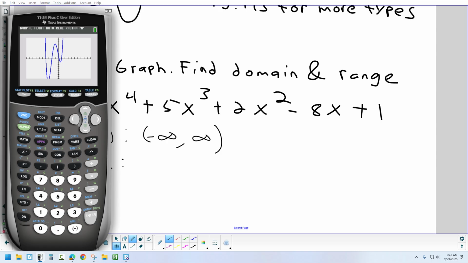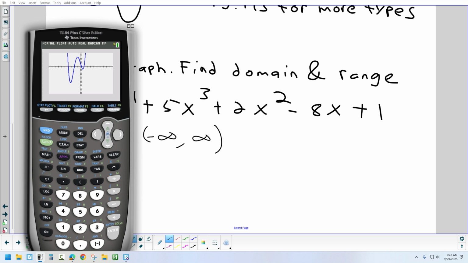Nick. It goes up forever. Yeah, it goes up forever. So then that means it does not go down forever. It's an even degree polynomial. Both ends of the function are going to go the same way. How am I going to figure out where the lowest value in the range is?